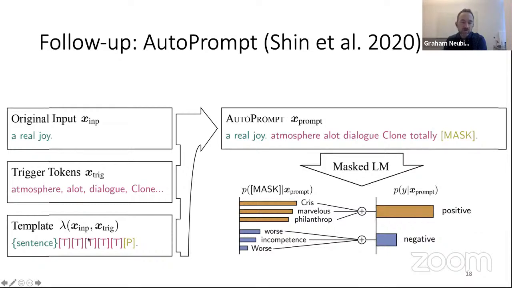The way they do this is by using gradient-based methods to find the most ideal word to put in here to maximize the accuracy of getting the best result. I think this is a really interesting method. Empirically, its results are much better than the method I presented here. However, it does come up with very non-English prompts. So if you want interpretability or potentially cross-model generalization, it might be better to use the methods I just described.